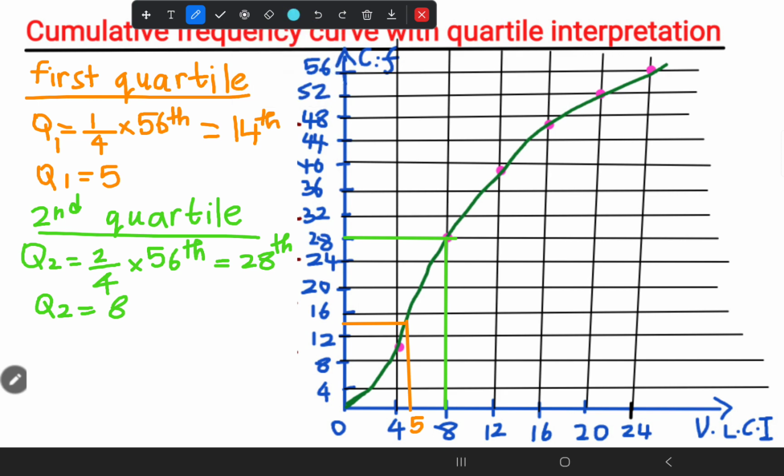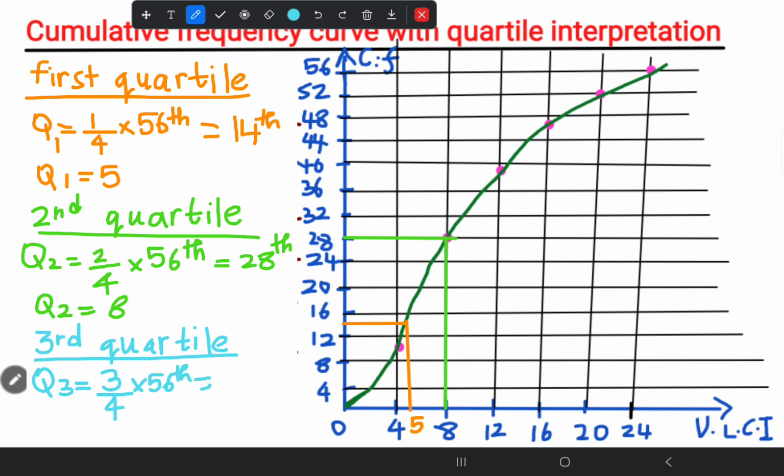And third one is the third quartile. Q3, 3/4 of 56. Third quarter of 56, cumulative frequency.